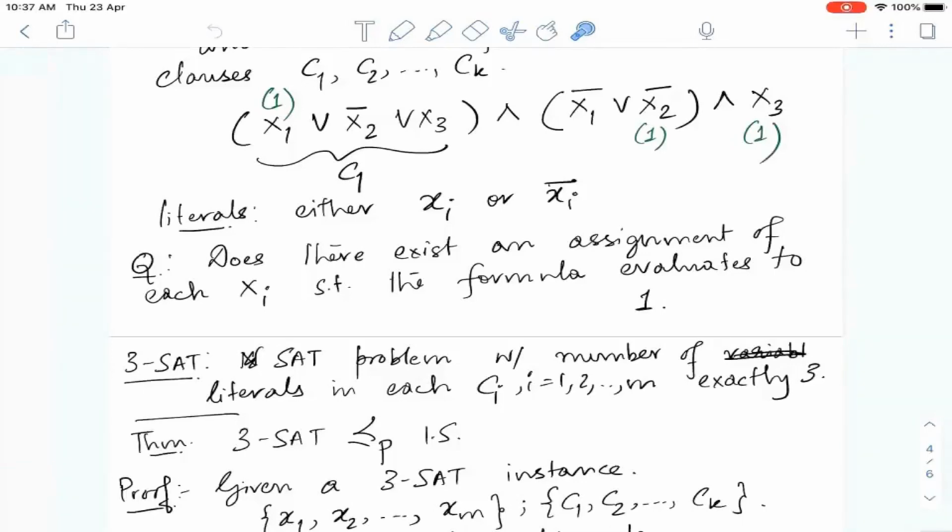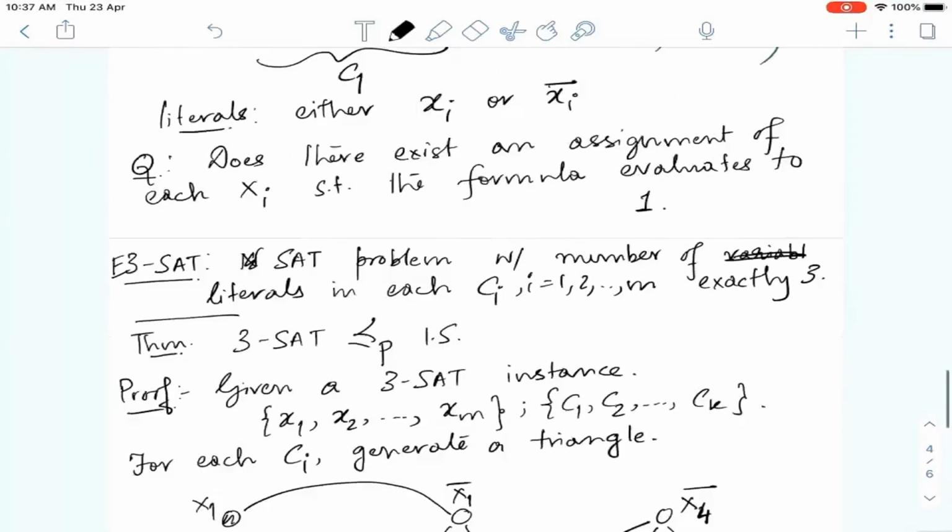And then there is another version of this, which is called the exact 3-SAT problem, let me call this E3-SAT. This means that every clause will have exactly 3 literals. I'm just doing this so that it's easier for me to show you the reduction from E3-SAT to independent set. There is no other real reason to do this.